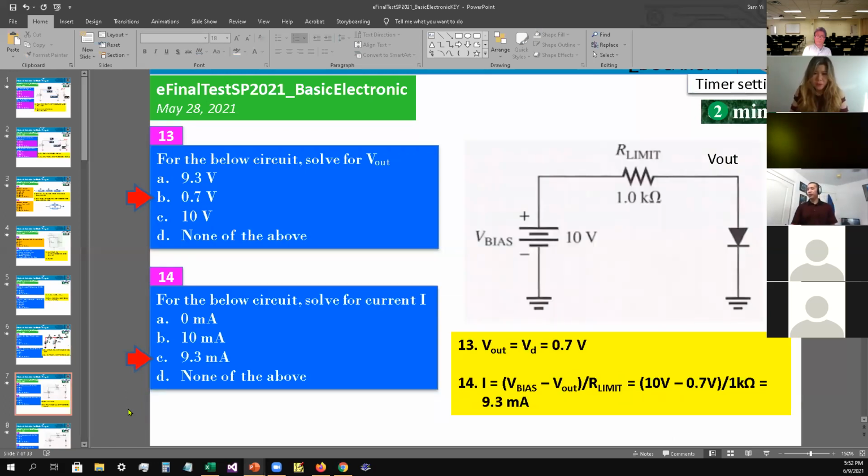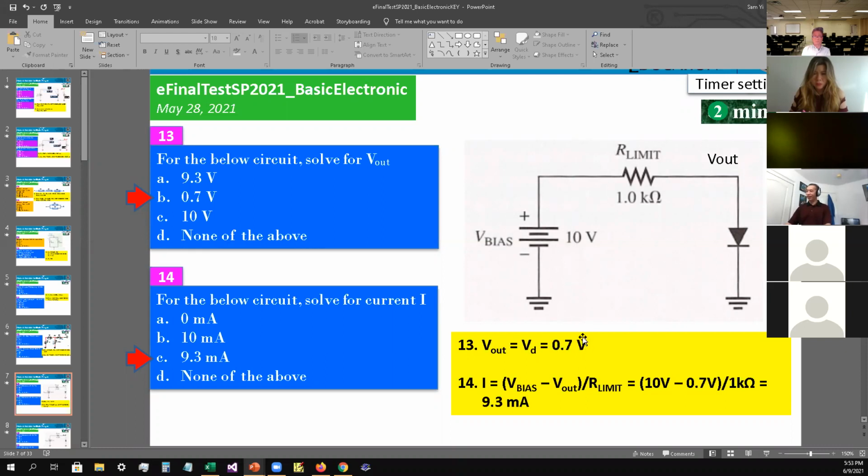Number 13, for the circuit below, solve for V out. V out is just the voltage that drops over this diode right here. What is the voltage drop for a diode? 0.7 volts. 0.7 volt, correct.